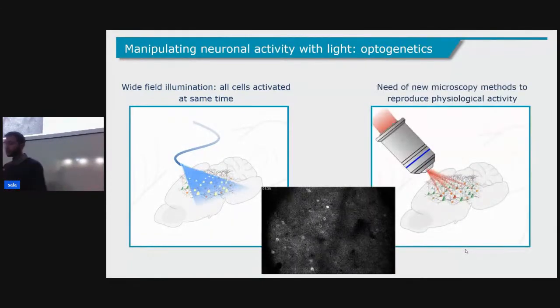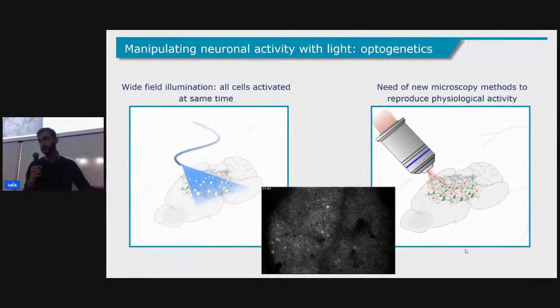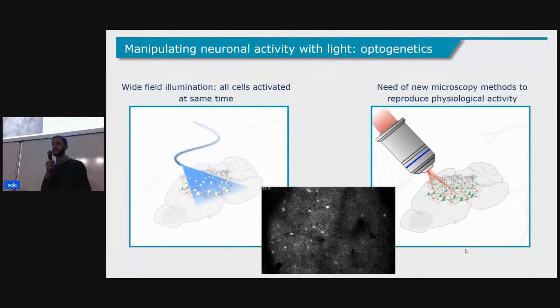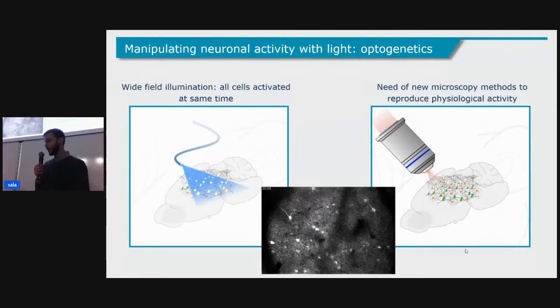So if we want to do what the brain does, we need a method that can allow us to be very precise on individual groups of neurons, and then reconfigure this excitation in order to excite at a different moment another group of neurons. So the solution exists, and it's actually holography.